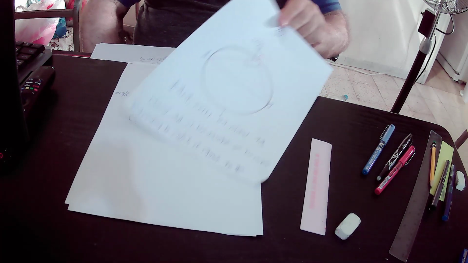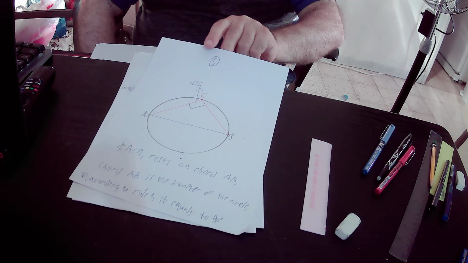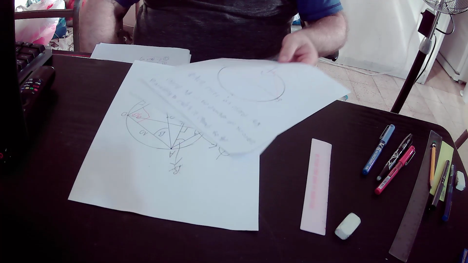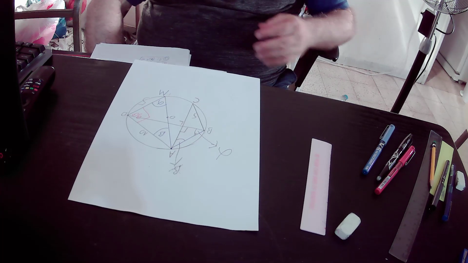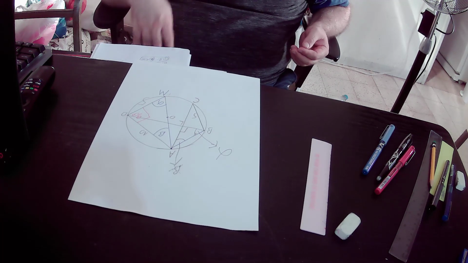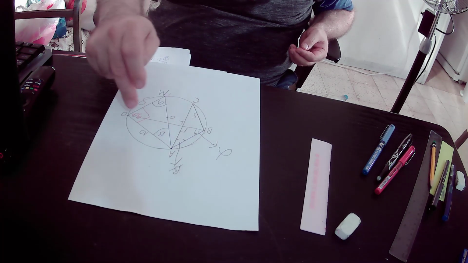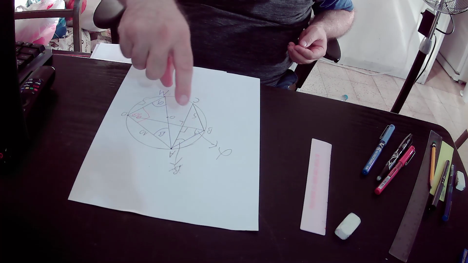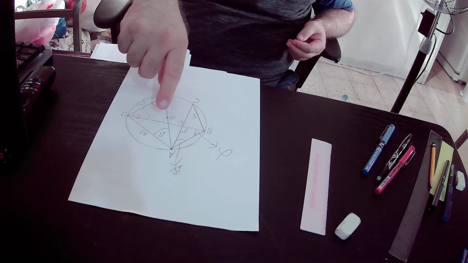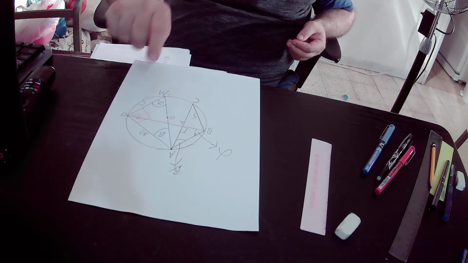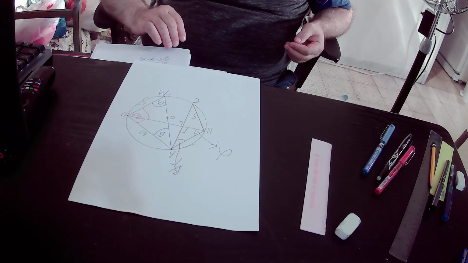So we implemented this rule in our circle because we have peripheral angle ADM that rests on AM, and AM is the diameter of this circle. Therefore, according to rule number 1, it equals 90 degrees.